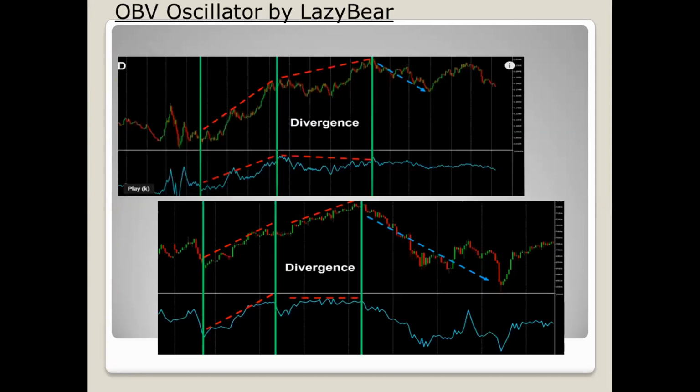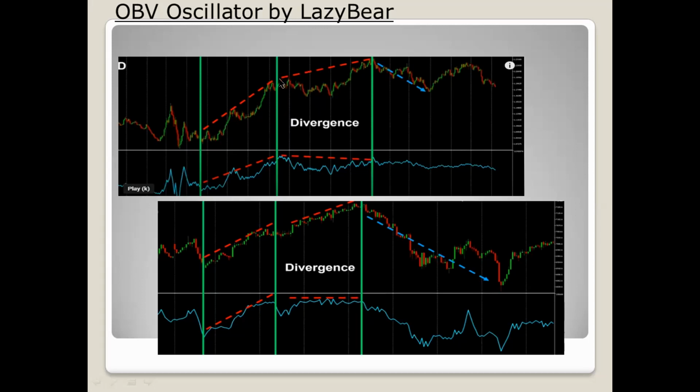So I will show you a sample example. Here in this chart, you can see the price is moving up. And in this area also, the price is moving up. But look at the On Balance Volume oscillator. Here, when the price is moving up, the OBV oscillator is also going up.